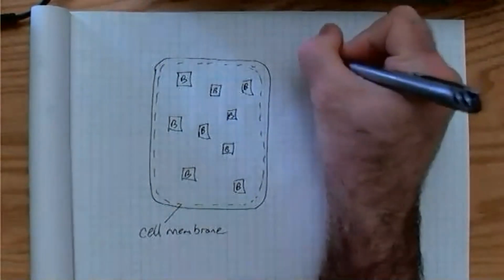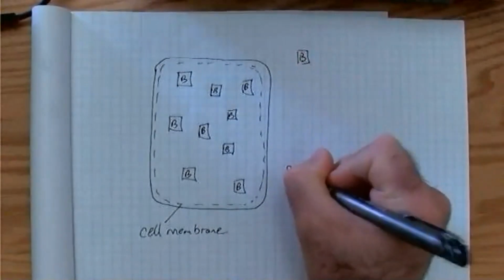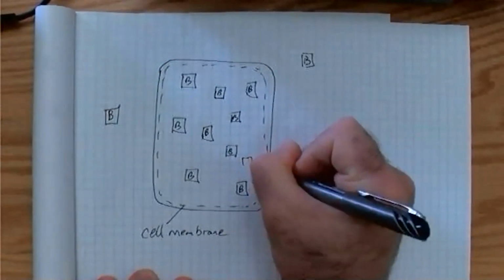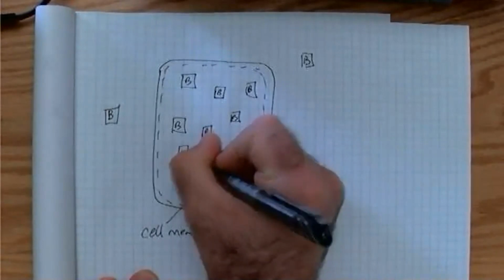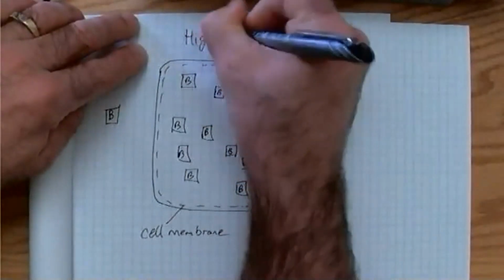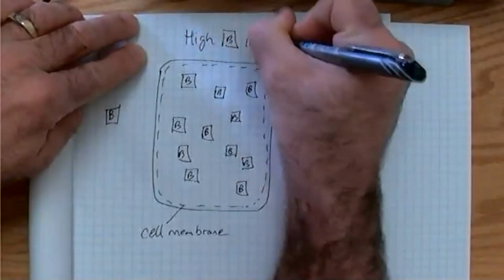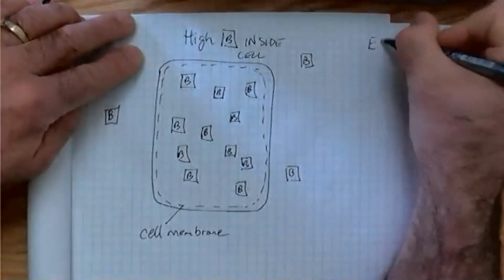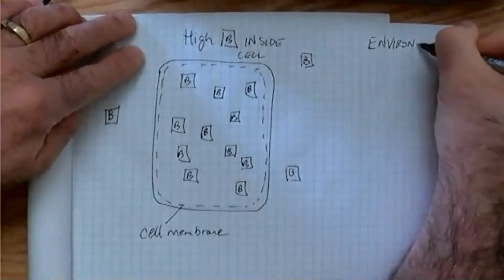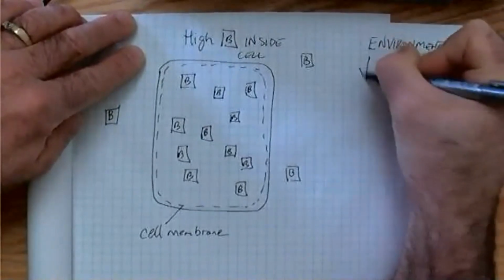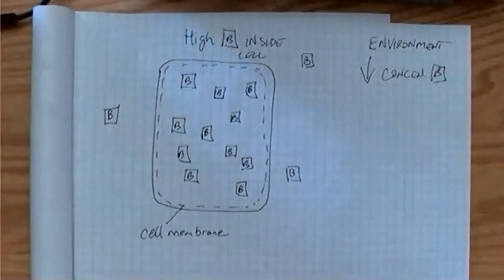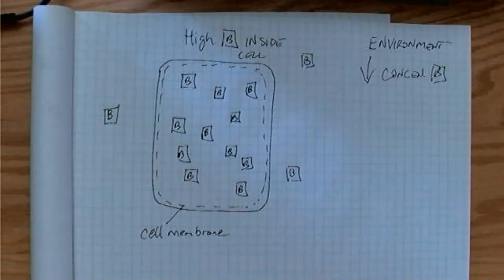The question says there's a high concentration of B on the inside compared to the outside. Exaggerate that a bit more. Okay, so high concentration of B inside the cell. In the environment, there's a low concentration of solute B. So our prediction then needs to include what will happen if this is the starting point.